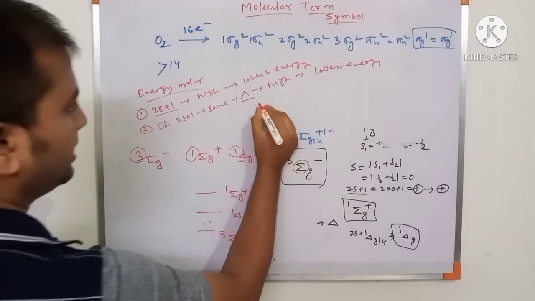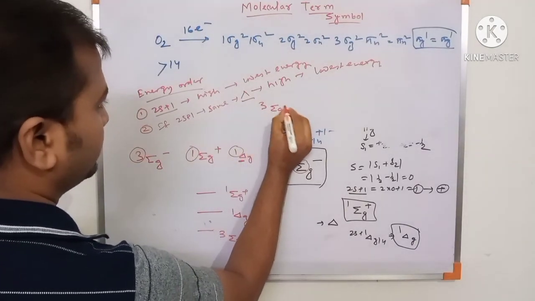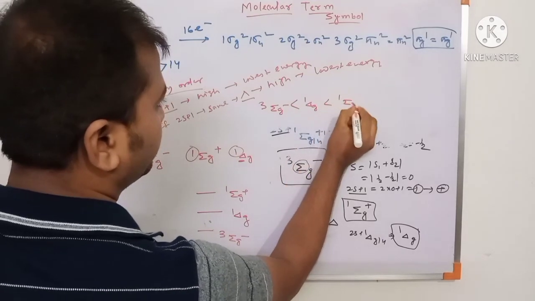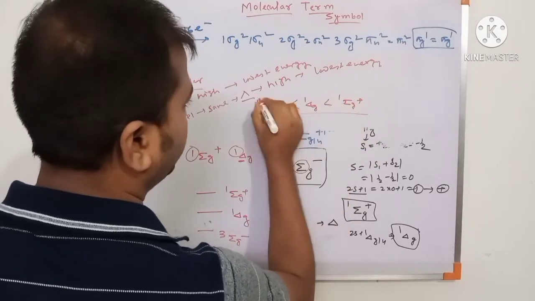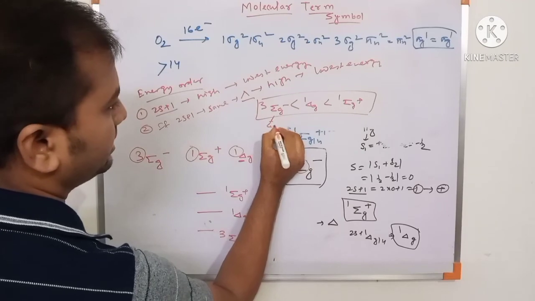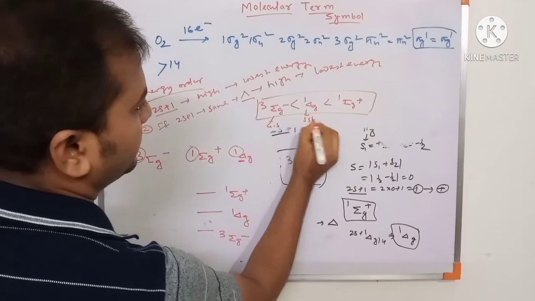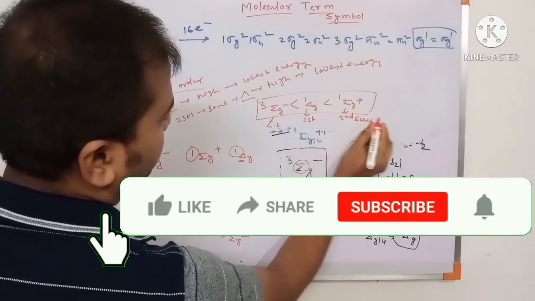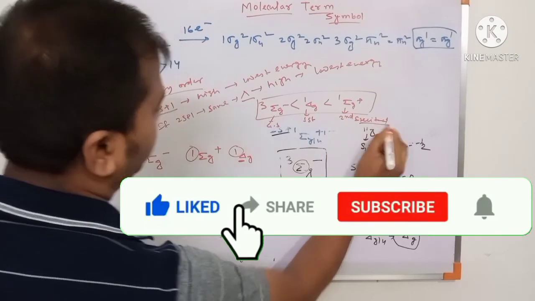Energy order: 3 sigma g minus, then 1 delta g, then 1 sigma g plus. So this is ground state energy, this is first excited state energy, and this is second excited state energy.